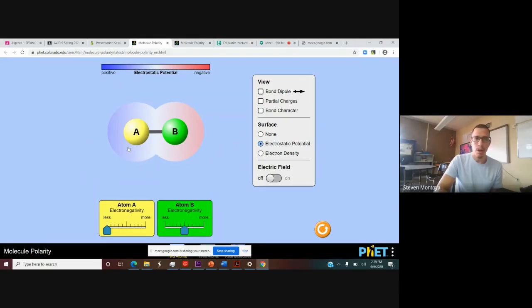Okay, so charge is coming out of atom A and charge is coming out of atom B. Okay, you could also call this an electrostatic field. It's up to you what terminology you want to use for your observations. You could use a charge field, you could use electrostatic field. Okay?